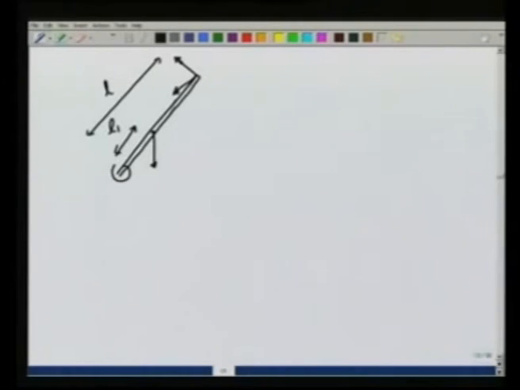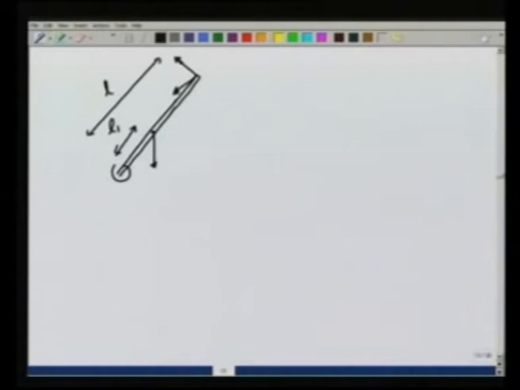Let us solve a problem using this concept. Suppose a person wants to lift a very heavy load, and what he does is digs a hole in the ground and puts a pole in it, a long pole, hangs the weight somewhere in the middle, let us say at a distance of L1, let the length of the pole be L, and then he applies forces horizontally by 2 ropes in 2 directions like this.